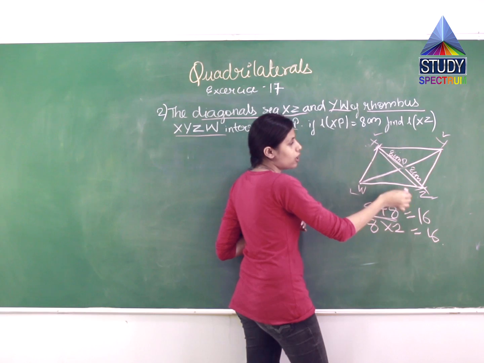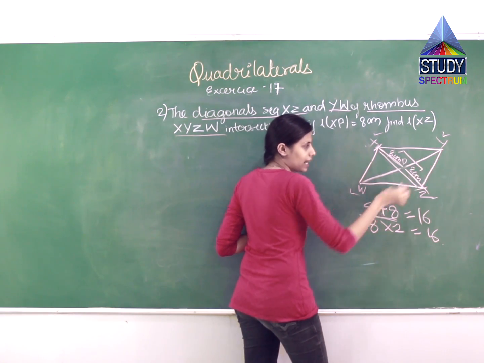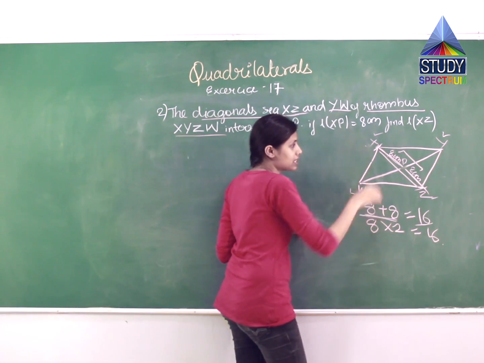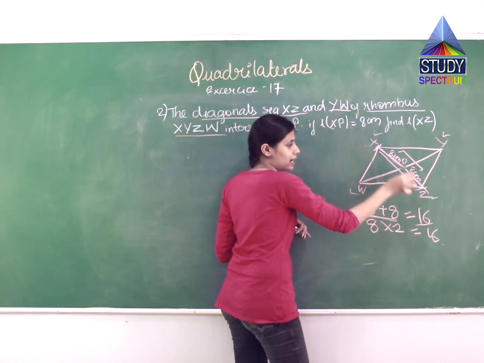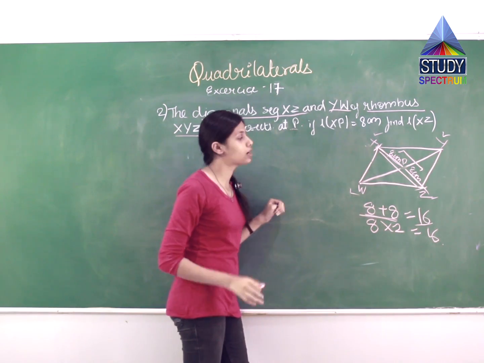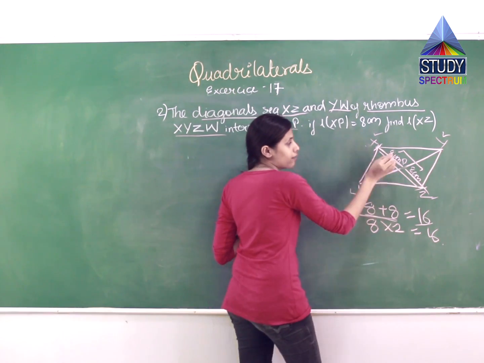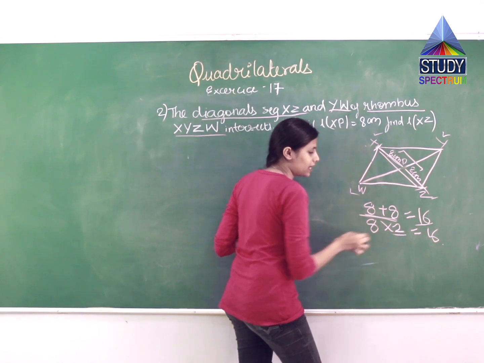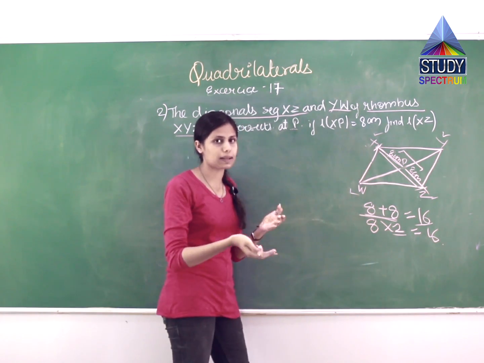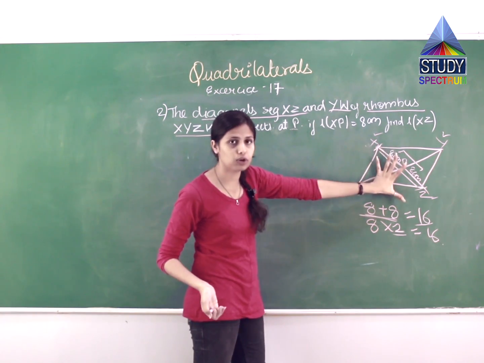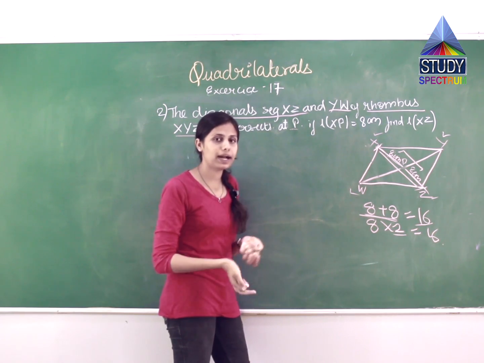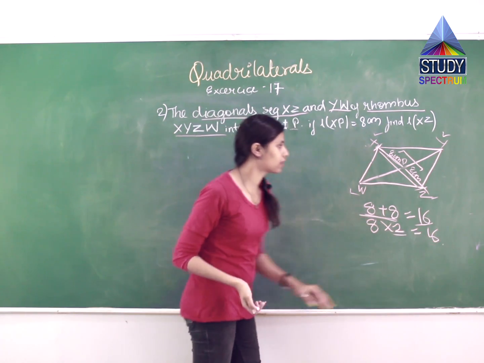To find XZ, you have to add 8 centimeter and 8 centimeter to get 16. Means XZ is 16 centimeter. Or else you can multiply 8 by 2, because if this is half, this is full. Multiplying it by 2, you get 16.